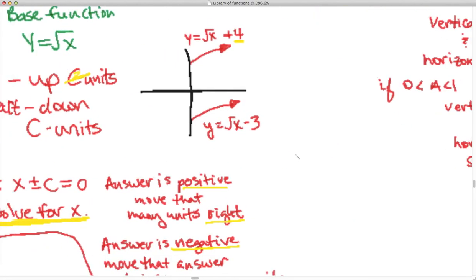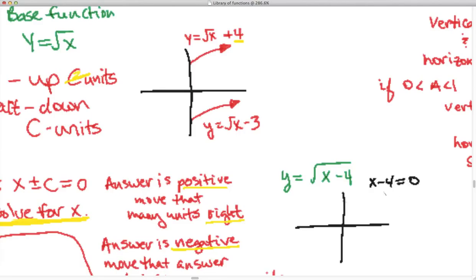Okay? So for instance, let's look at this example. Y equals root of x minus 4. In this scenario, yeah, it would work with the opposite rule. So x minus 4, if I set that equal to 0, and add 4 to both sides, I get x equals 4.